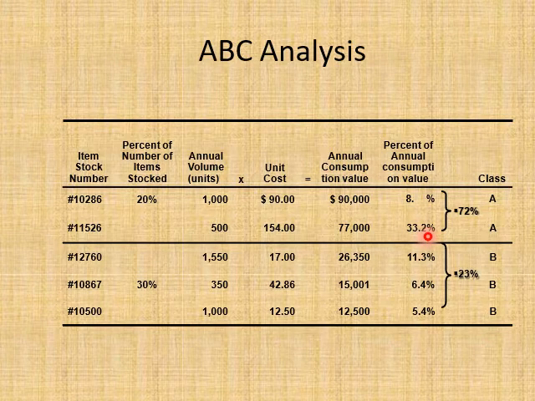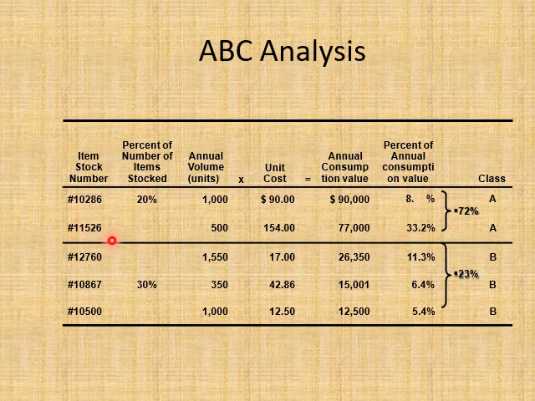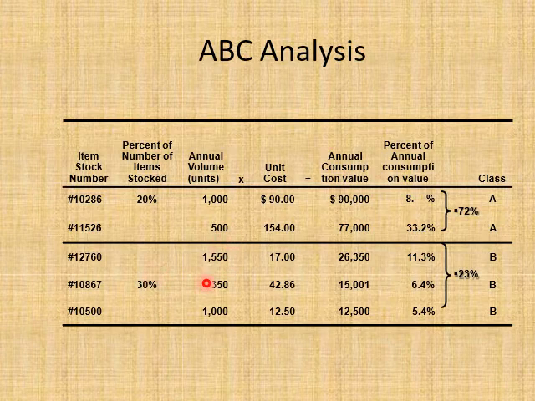Here we can see that these two items together have a consumption value equal to 72%. But these three items, which are 30% of the total items, have this unit cost, and we calculate the consumption value, and this is the total percentage of annual consumption value. This is 20%, 23%.